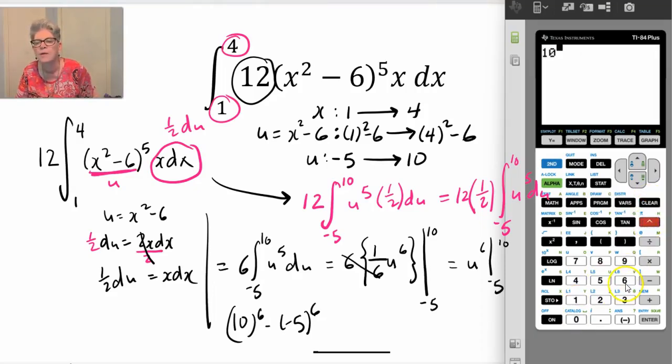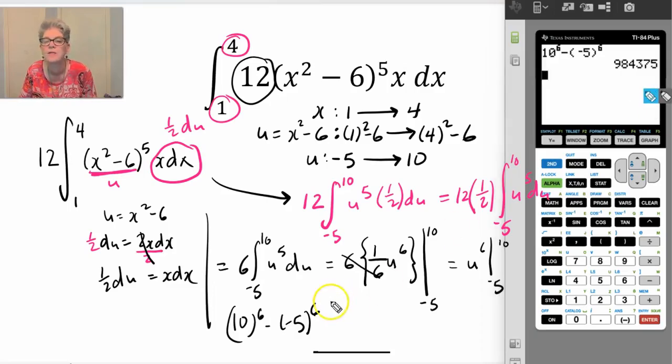I have an older model handheld one, and you don't have to do the scrolling over. So minus, then -5 in parentheses to the 6th power. Okay, that's what I want. And so my answer will be a number, and it's 984,375.